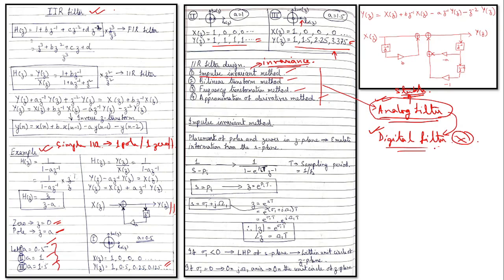Okay. So while designing IIR filters, you need to be careful. You need to have an understanding of the analog filters, and you have to analyze whether the filter is stable or not. If it is stable, then only can you go for the digital filter design using that analog filter criteria.